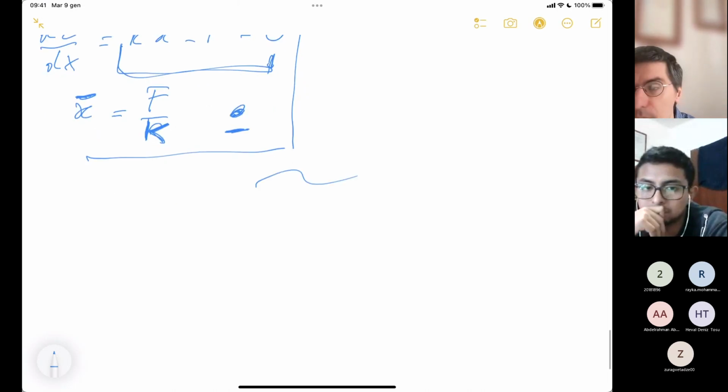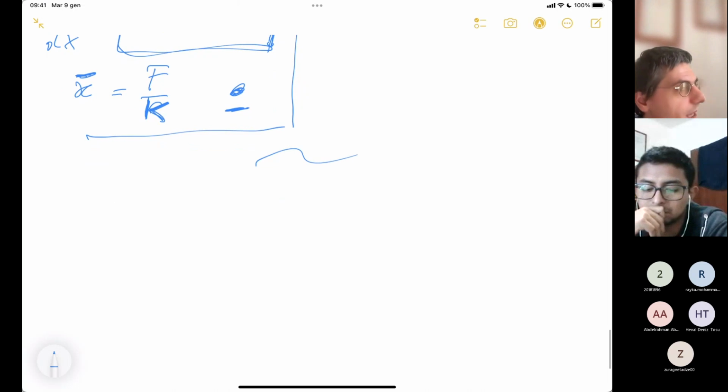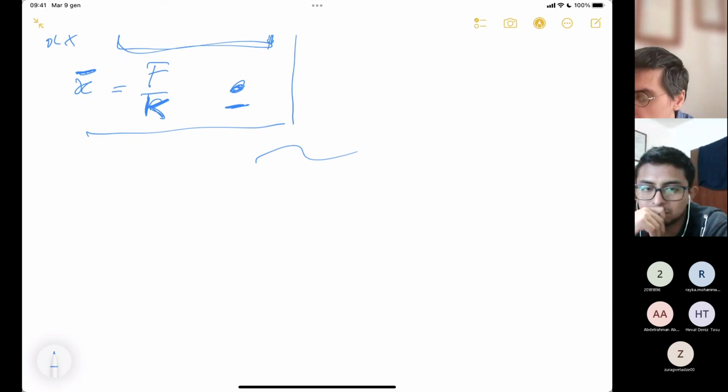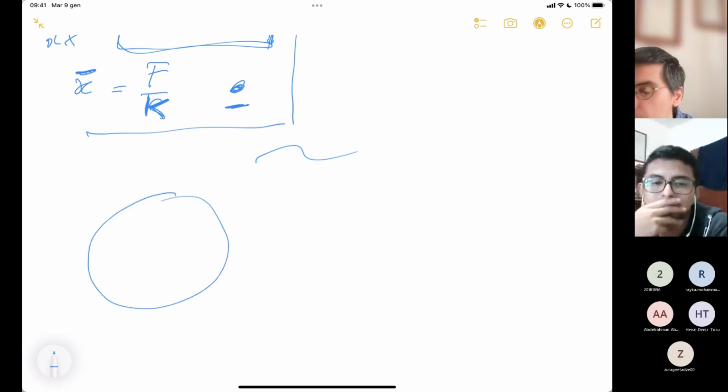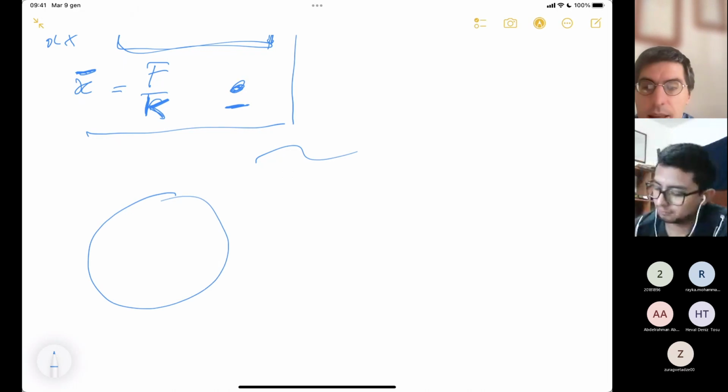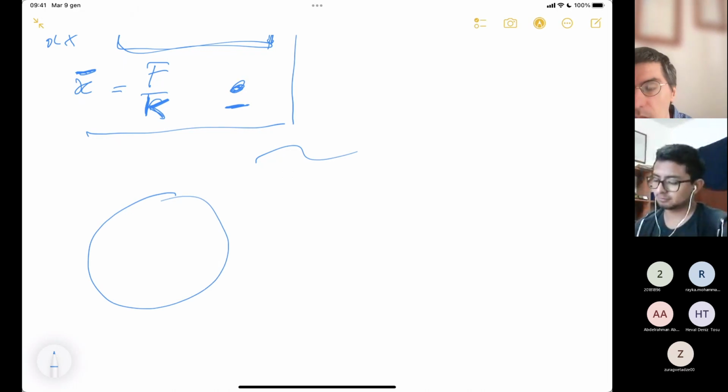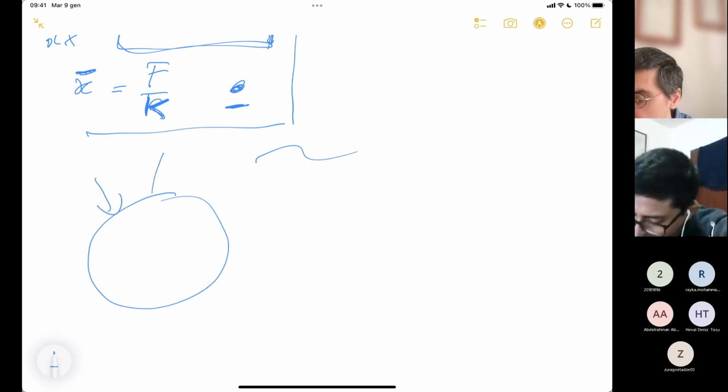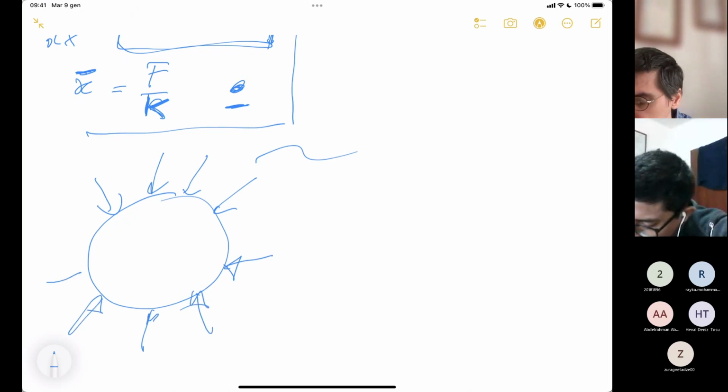Let's make an example so you can understand this better, and then I will finish in a few minutes. Consider an ideal fluid. You know that in an ideal fluid, the only interaction that you can have is an external pressure like this.